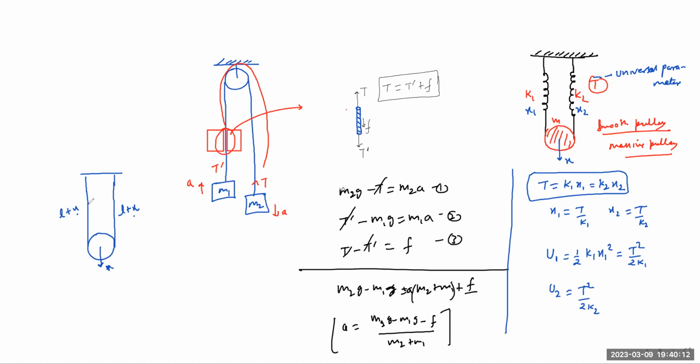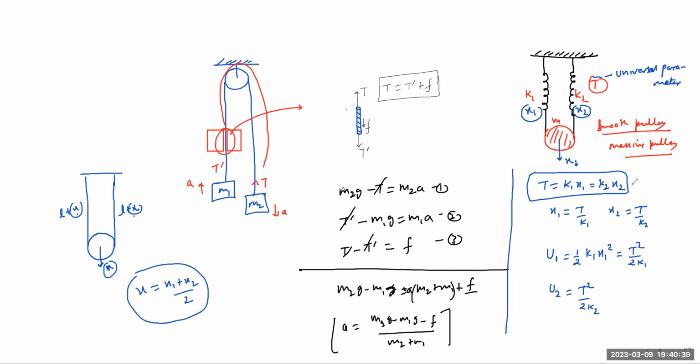The total growth is x1 plus x2, so how much can I go down? Only half of that value, right? So this is a very organic way of thinking. So x is always x1 plus x2 by 2, and this is how you start the constraint relation.